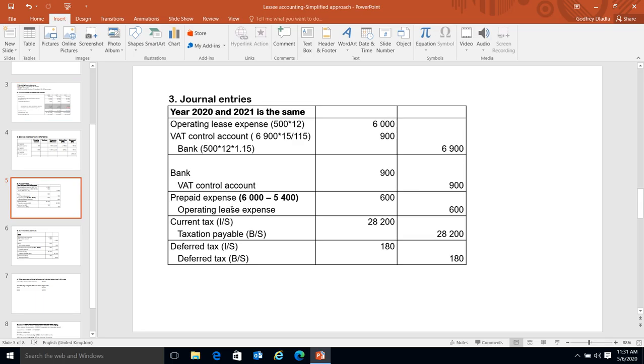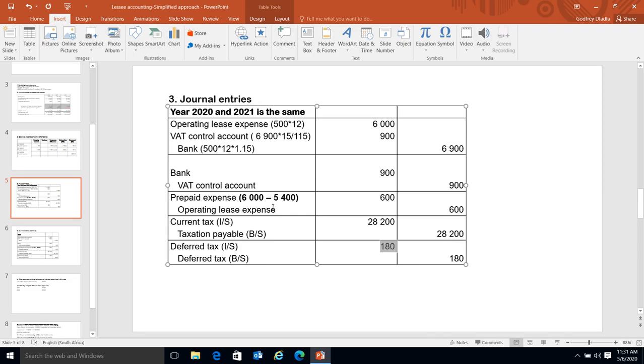Right. Now, current tax 28,200. We are raising this one in the balance sheet as a liability. This one is an expense in the income statement. Then here under deferred, it's 180. Because remember we said it's taxable, it must create a liability, debit the balance sheet, credit the income statement.